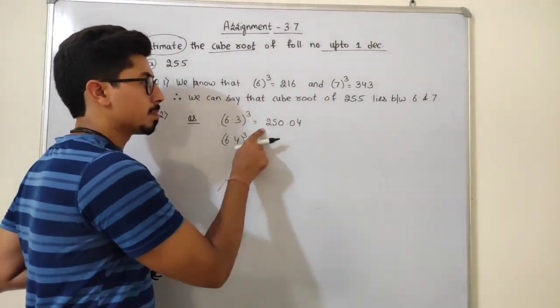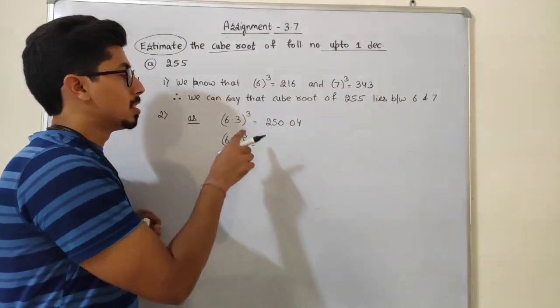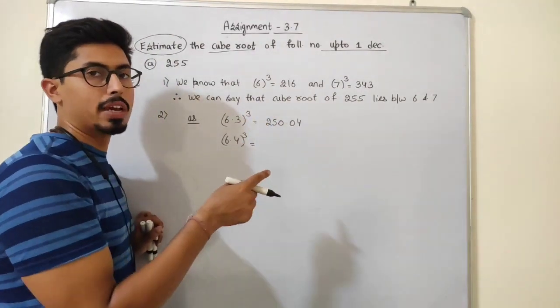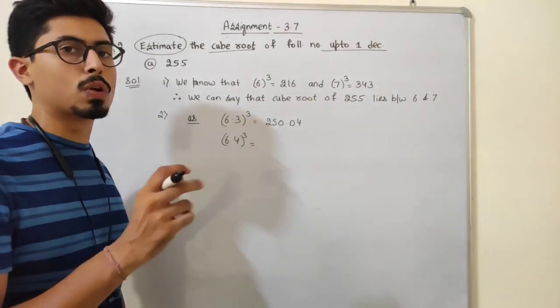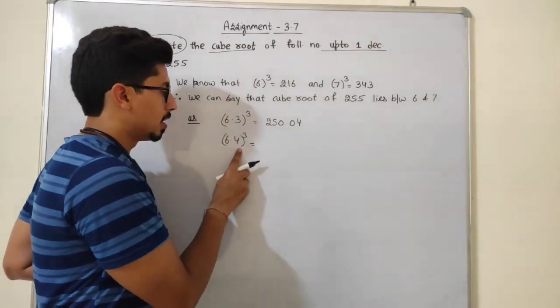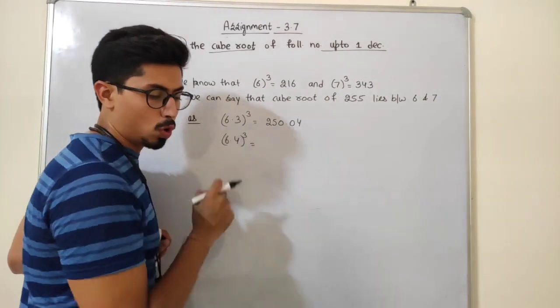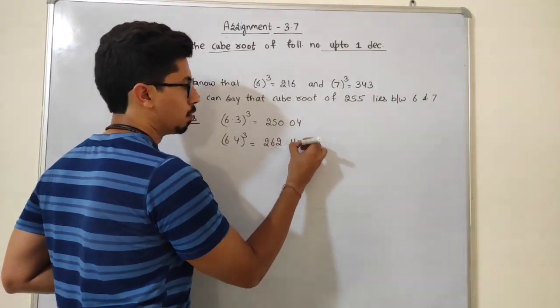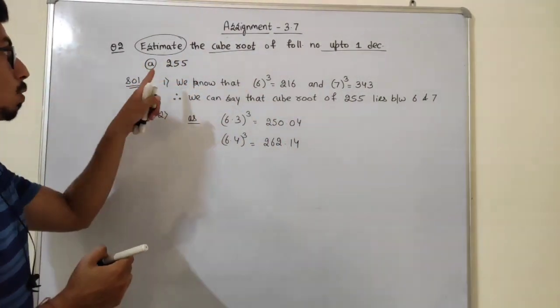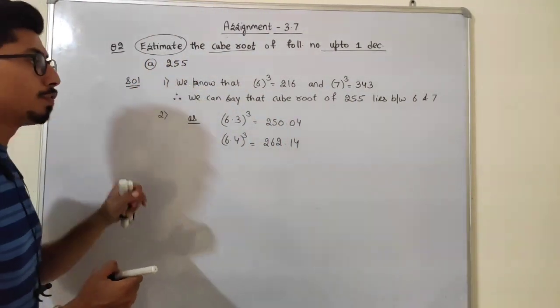Just carefully, in your rough portion, find out the cube of these numbers, and while finding the cube, be careful about calculations. Now 6.4 whole cube will be 262.14, students.